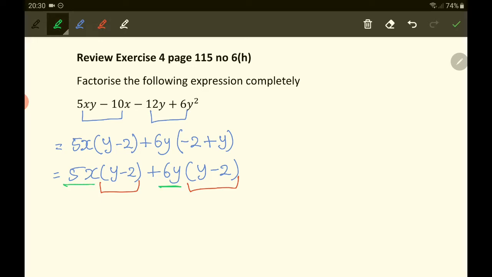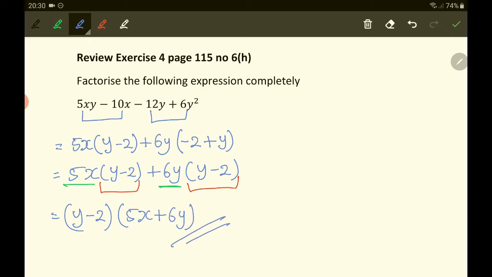So we can take the y minus 2 out, and the next factor will be 5x plus 6y. Okay, so done. This is the final answer.